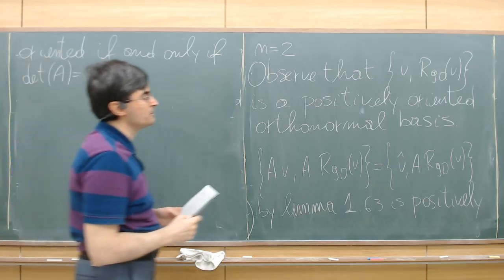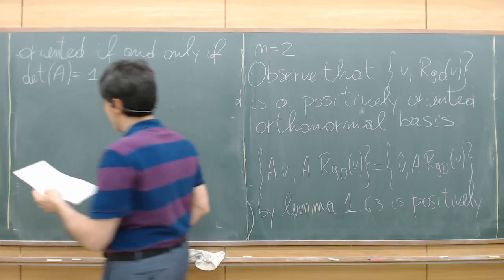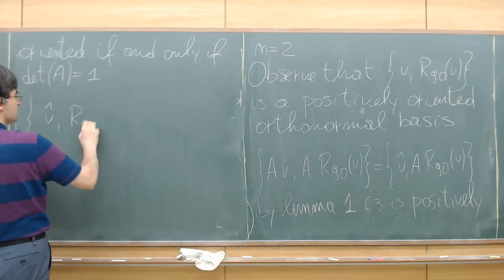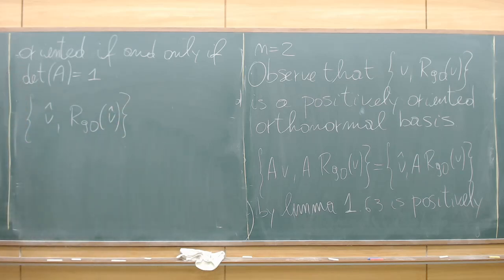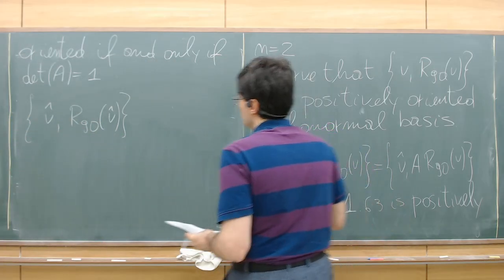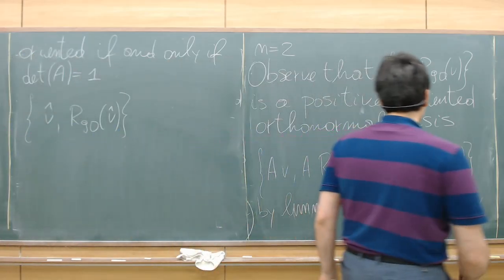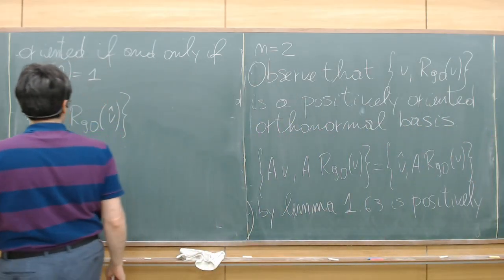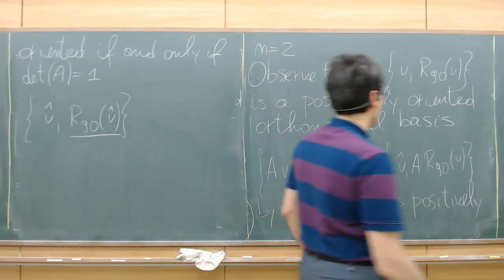Now let's compare this basis with this one, V hat, R90 V hat. This is always positively oriented, and by this statement we get that, what is the relation between this vector and this vector here.